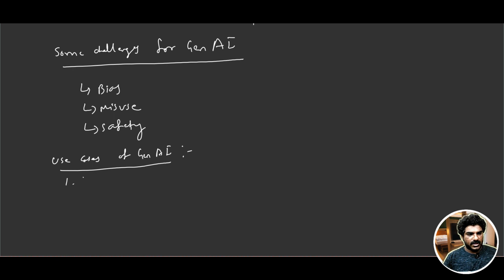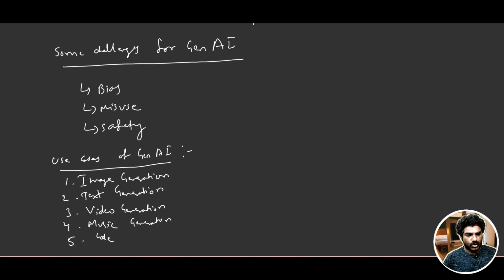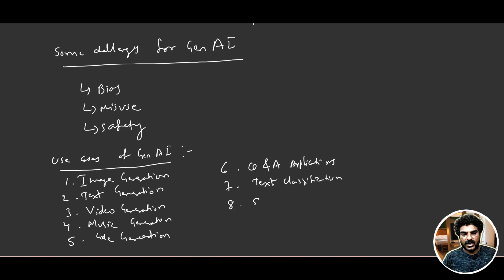Let's discuss some of the use cases of generative AI. First, you can use it for image generation. Second, text generation. Third, video generation. You can use it for music generation, code generation, Q&A applications, question answer applications, text classification, sentiment analysis, and content creation.